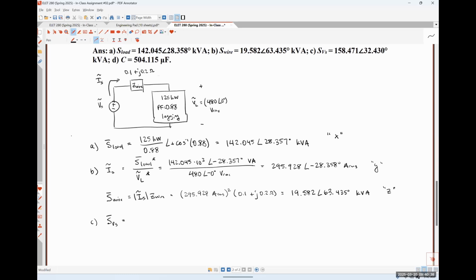Sorry, what are we looking for in part C? We're trying to find the complex power that is being supplied by our transformer. Anybody have any thoughts?